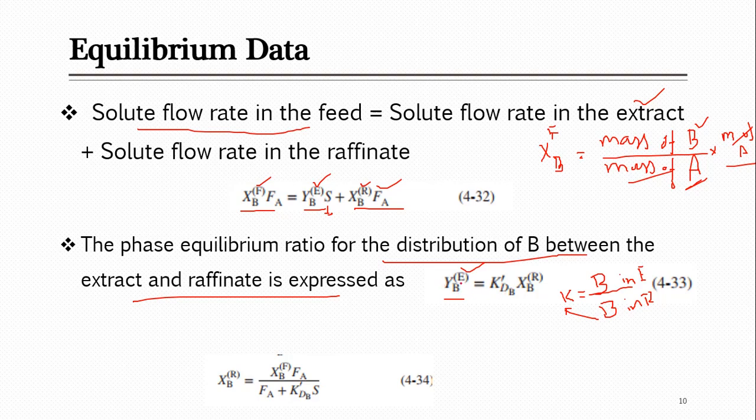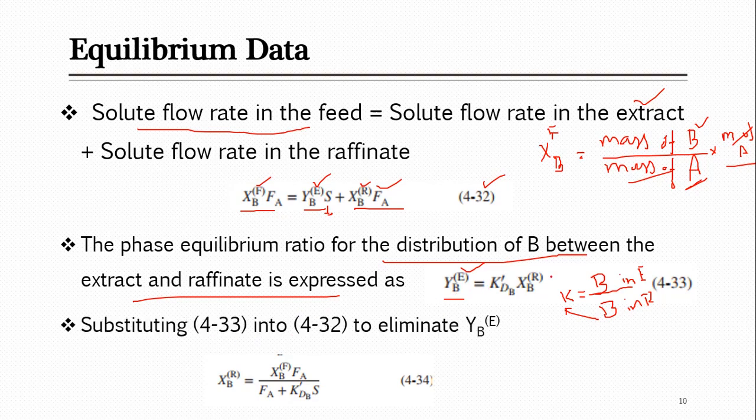Based on this, you can replace YBE in your equation 4.32 from equation 4.33. If I substitute equation 4.33 in equation 4.32, you will get this equation. So this is the finally rearranged equation. Overall, when I put yb here, you will get K with the x term, that is xbr, so it will be K xb and the S term.